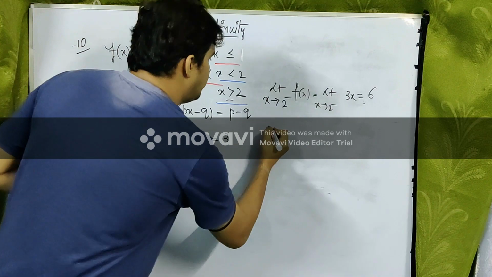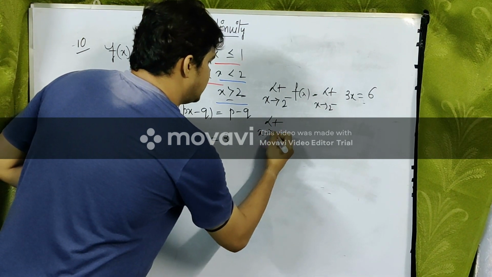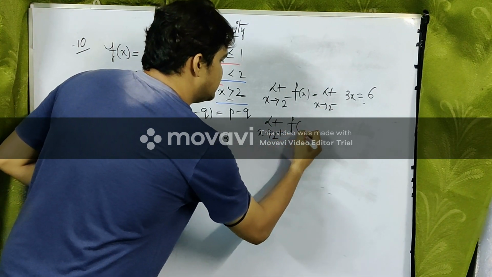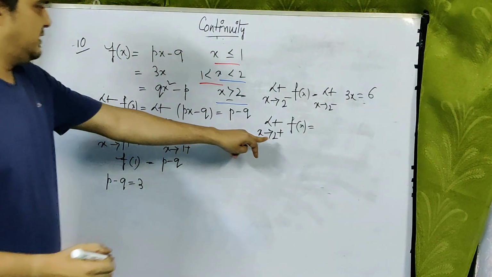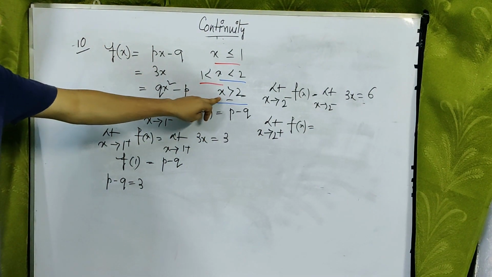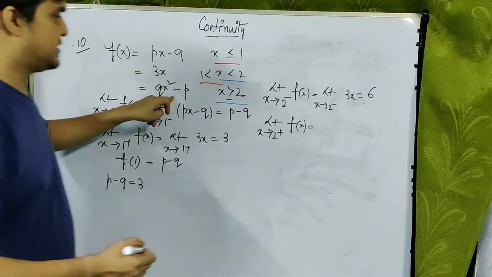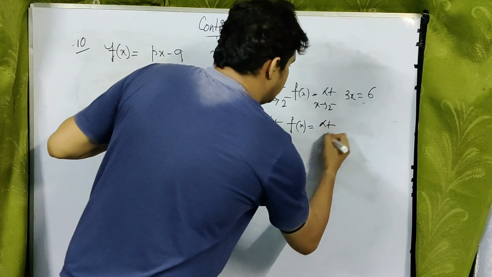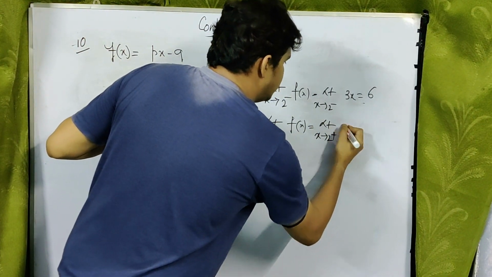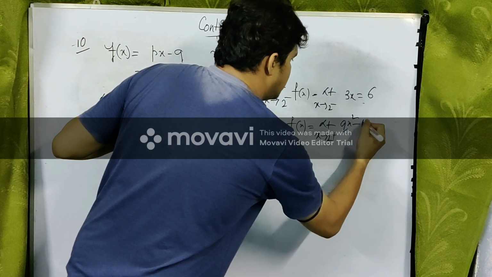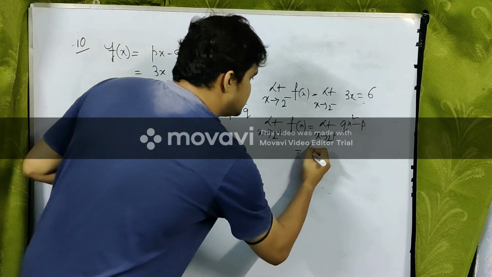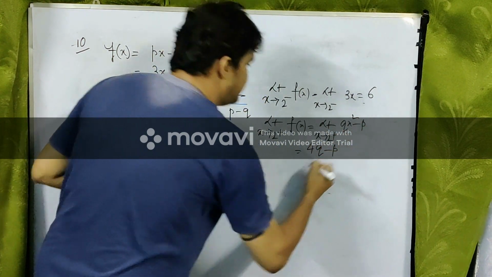Limit x tending to 2 plus f(x), when the value of x is greater than 2, it is defined in this way, qx square minus p. So limit x tending to 2 plus, it becomes qx square minus p. If I put x equals to 2, that means 4q minus p.